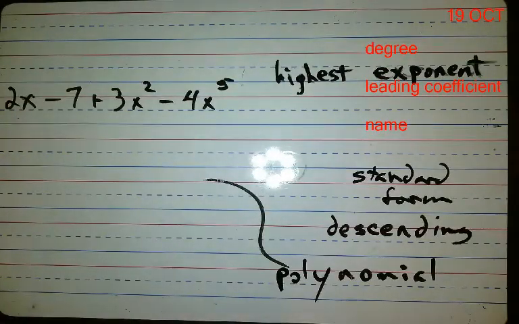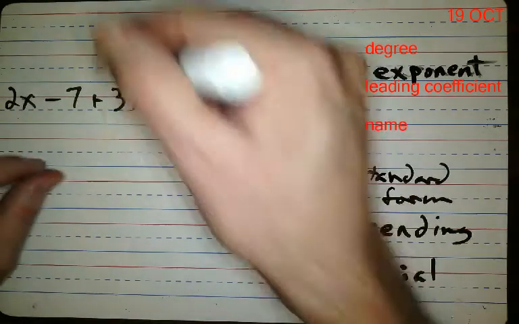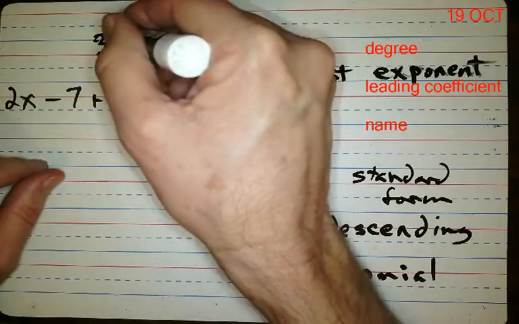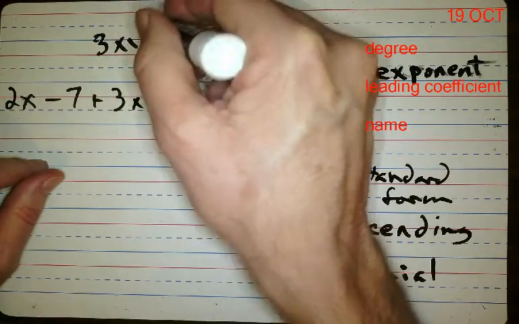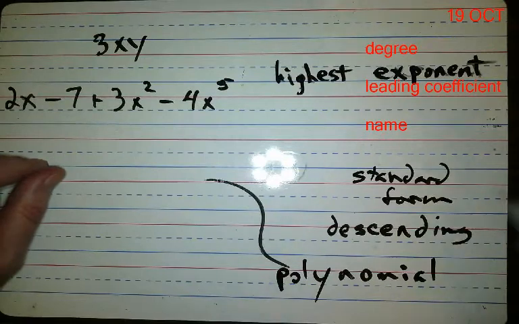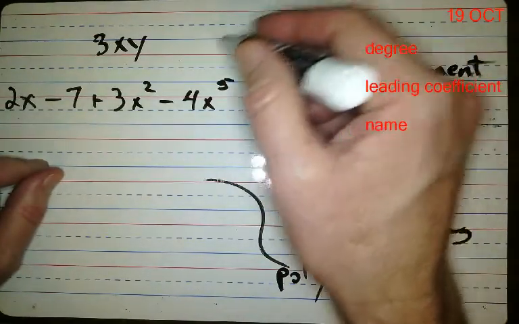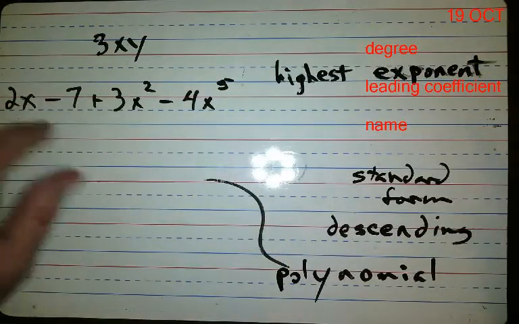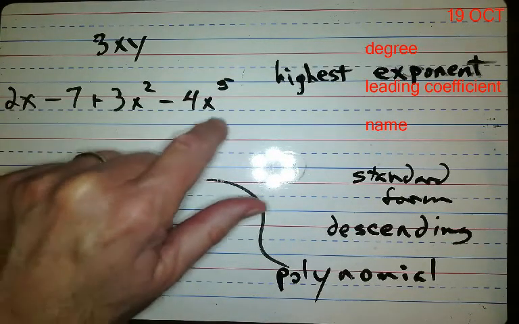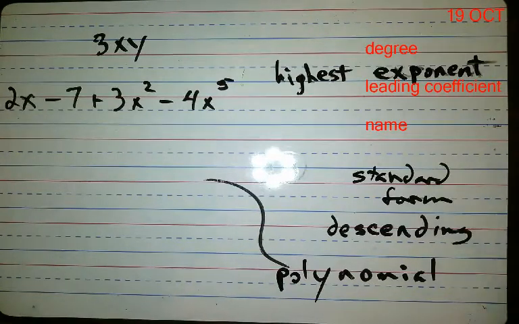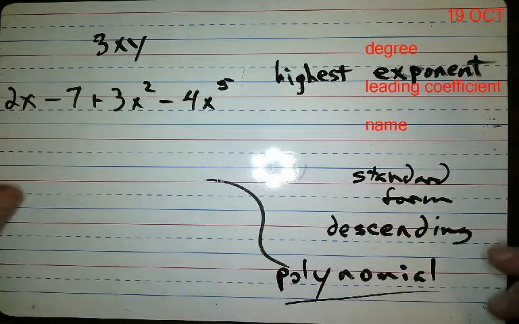So there's really only terms for one monomial. So if I had something like this, 3xy, that's a monomial. It has one term. If I have something that has two terms, it's a binomial. 3 terms is a trinomial. 4 terms, 5 terms, 6 terms, we just call them polynomials.